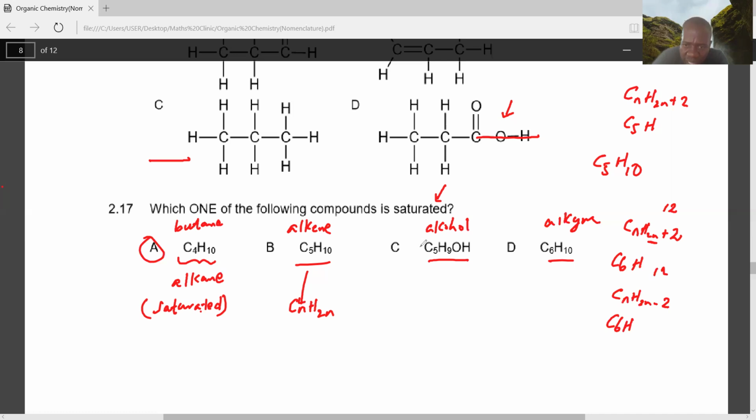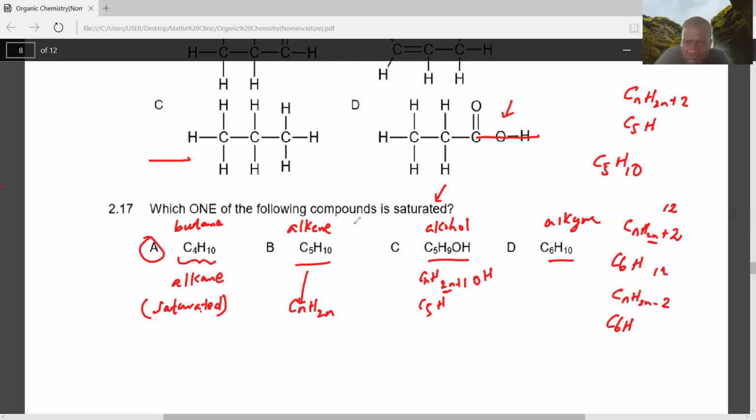Because this one is CnH2n+1 with the OH. Let's confirm. 5 times 2 is 10, plus 1.